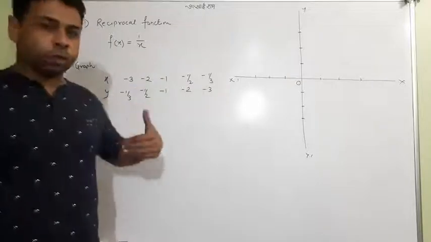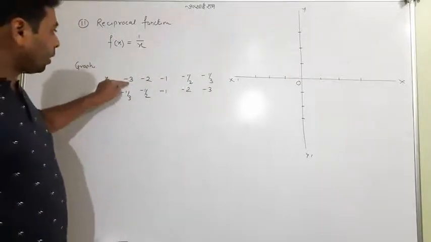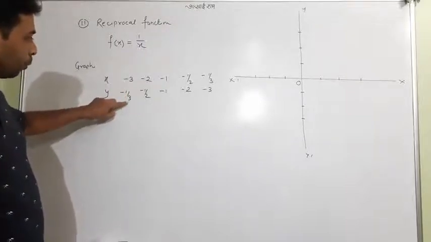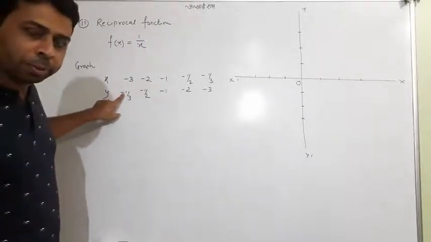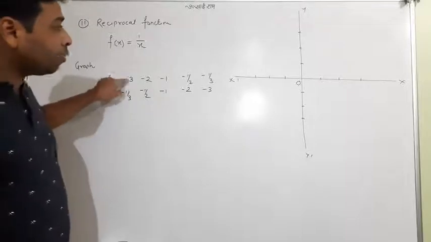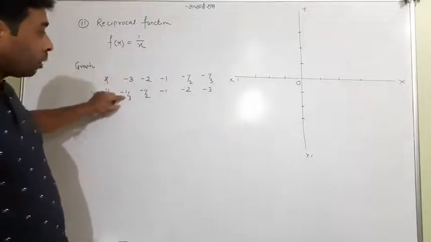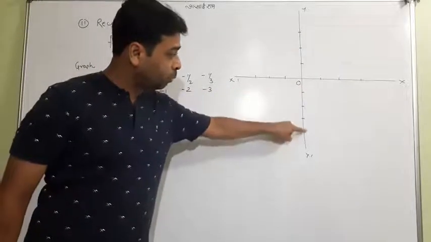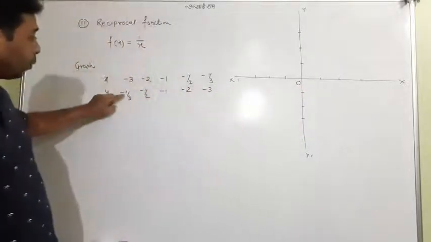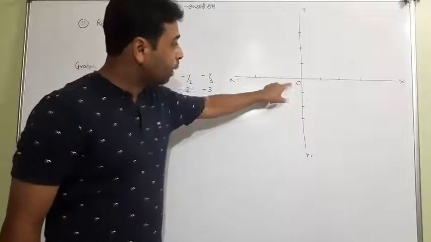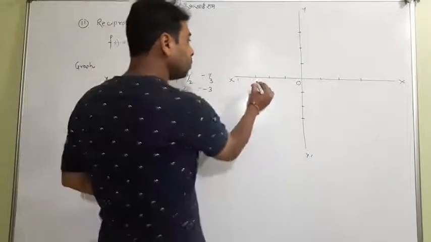Go with the values. x equal to minus 3, y equal to minus 1 upon 3, and when you divide 1 upon 3, it's approximately 0.3. So x equal to minus 3 and y equal to minus 1 upon 3 will come downside in the negative y-axis, just here. So when you match the point, you get the first point here.